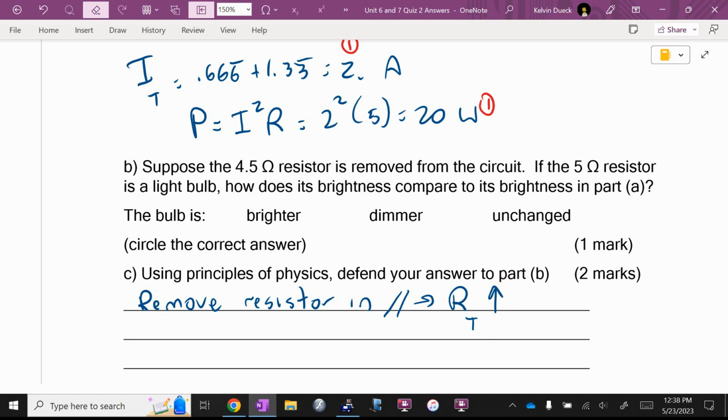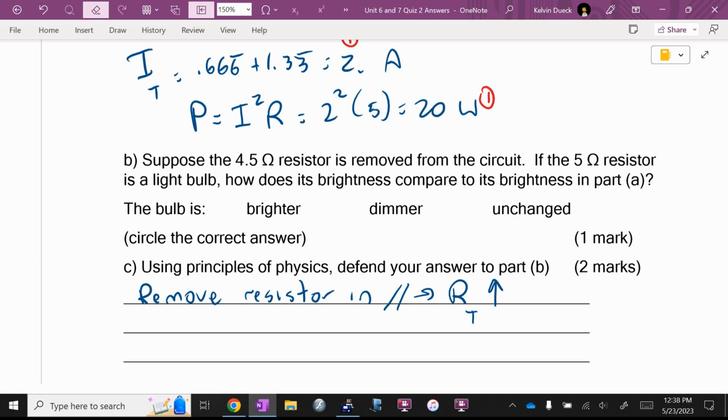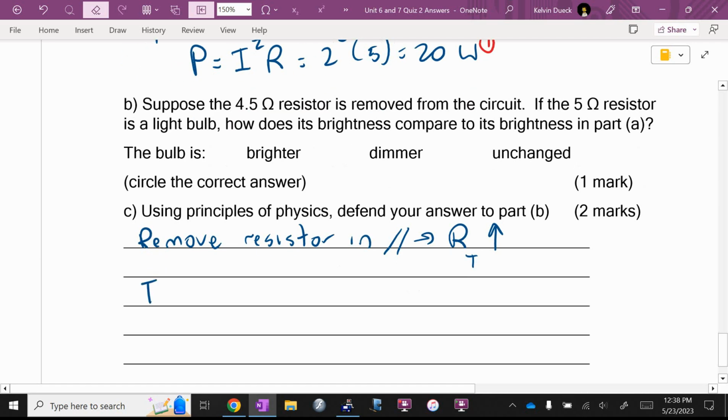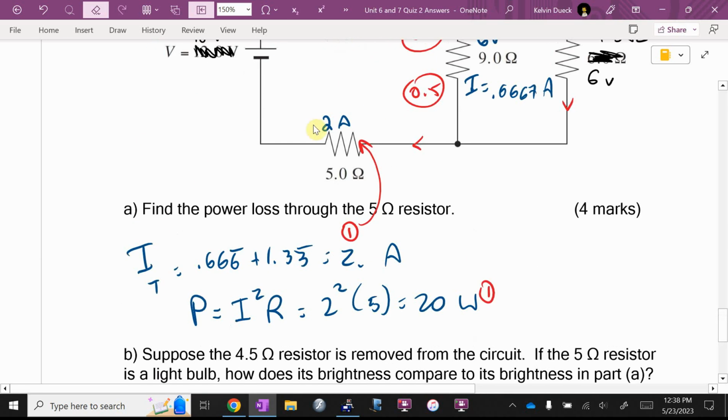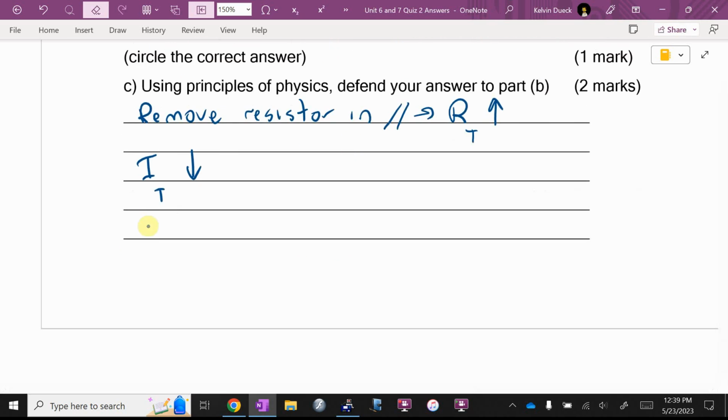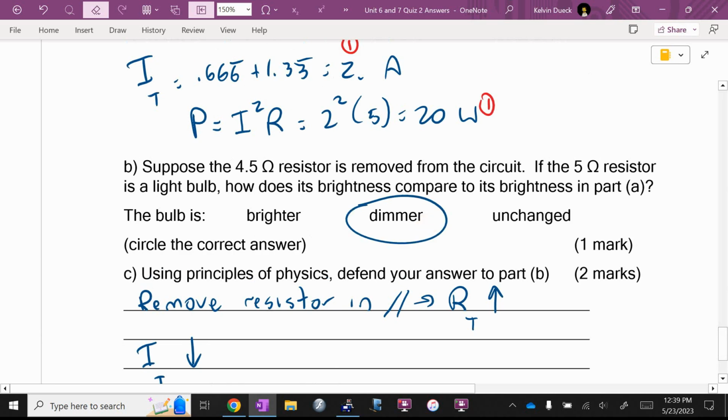When you add a resistor in parallel, our total goes down. So if our total goes up, I total goes down. And since I total is what's flowing through here, I total squared R, power decreased. The correct answer is dimmer, is it not?